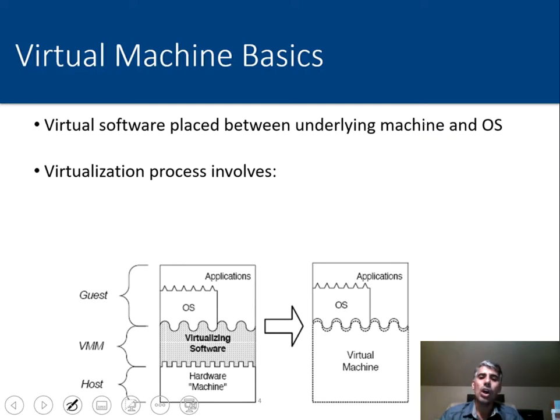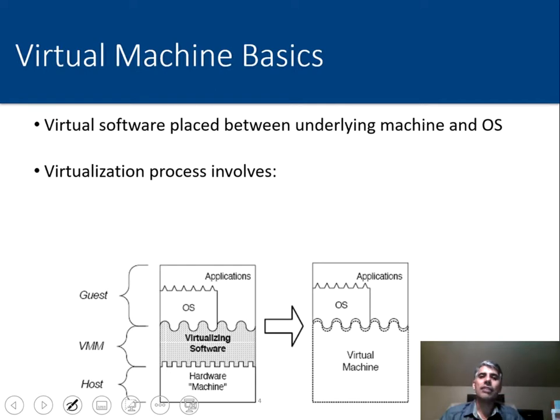Virtual machines mean basically an operating system that operates on a virtual machine, not on a real machine, which basically means the machine that is offered to it by the virtualized software, by the VMM or hypervisor.